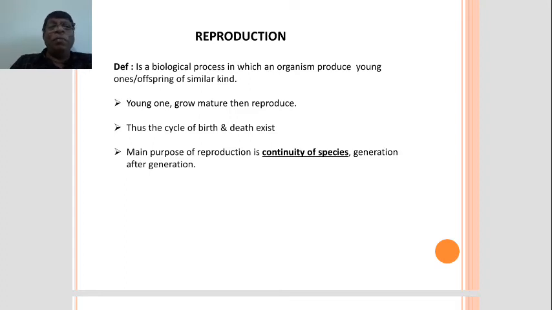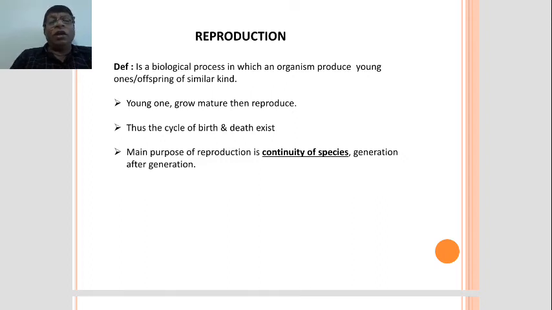If we analyze the meaning of the definition, reproduction is a biological process. Biological process means it takes place only in living organisms. Very important point. Reproduction takes place in living organisms.